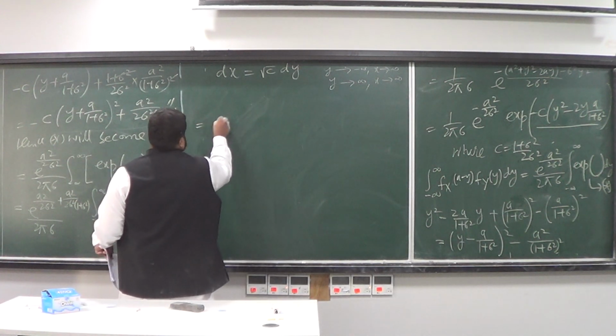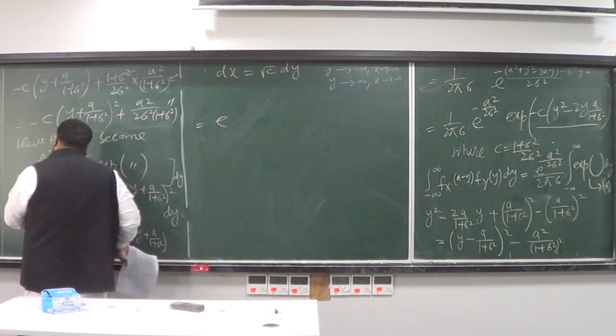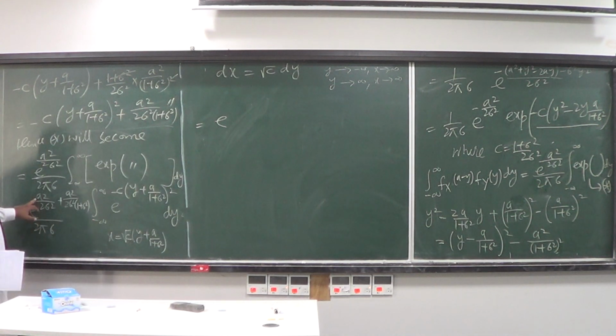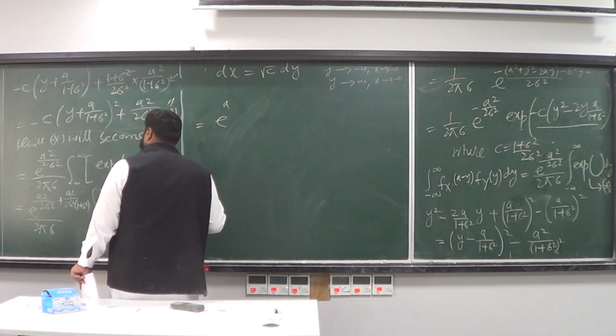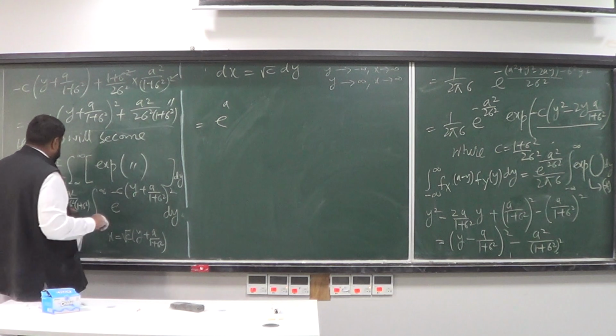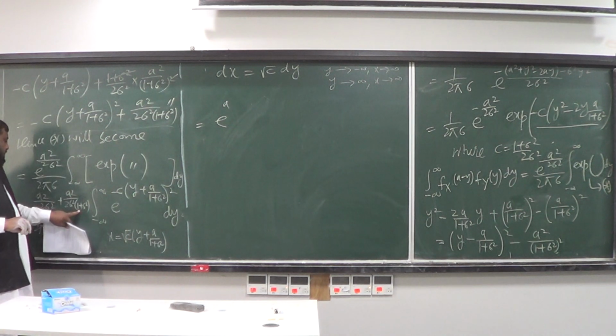By the way, if you simplify this, you're going to get a square times 1 plus sigma square plus a square over 2 sigma square times 1 plus sigma square.